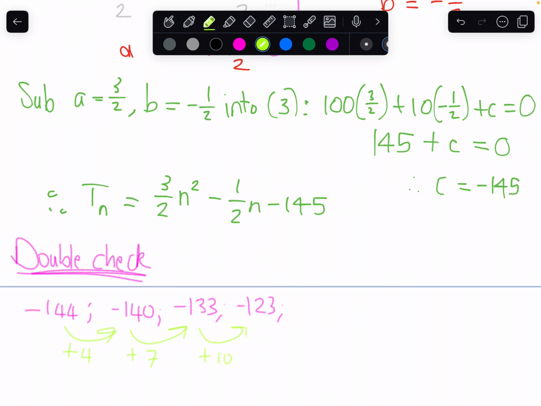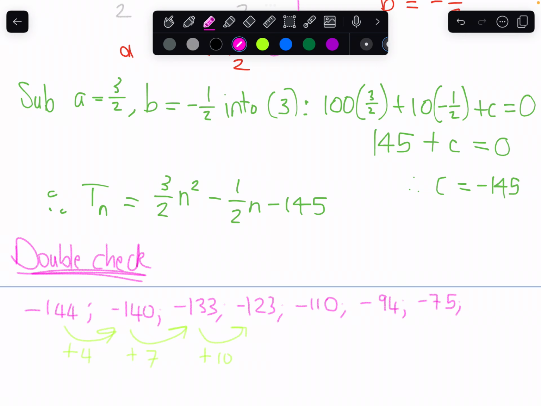So next we're going to need to add 13, so that will be negative 110. Then we'll have to add 16, so that will be negative 94. And then we'll have to add 19, which will take us to negative 75.